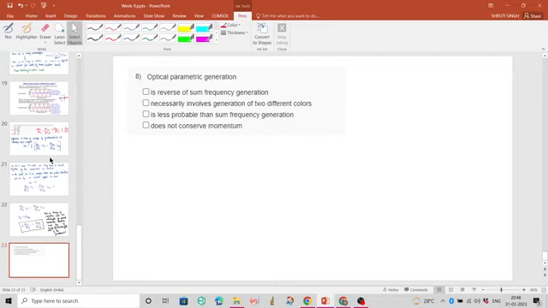So let's discuss the optical parametric generation, OPG.